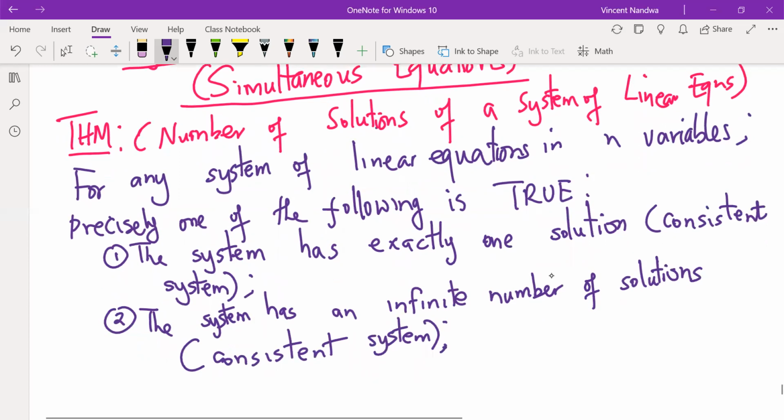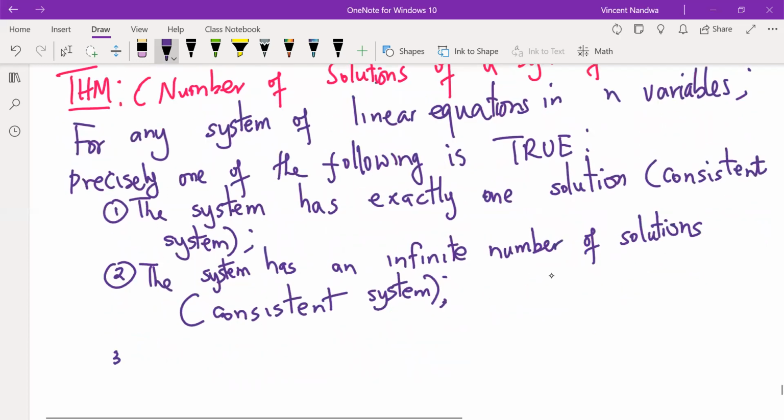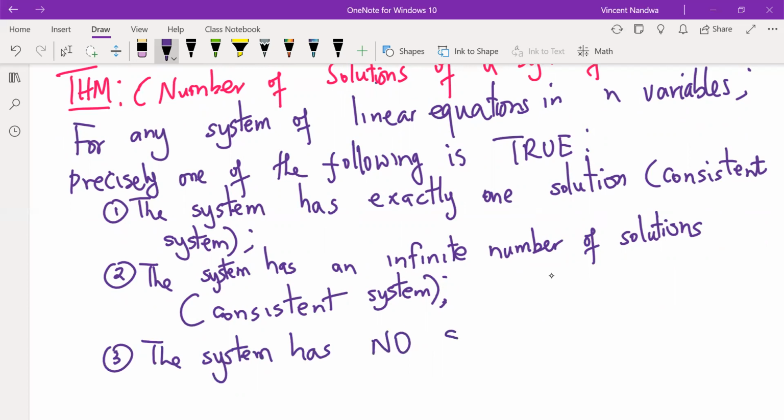And lastly, the system has no solution. And a system that has no solution is called inconsistent.